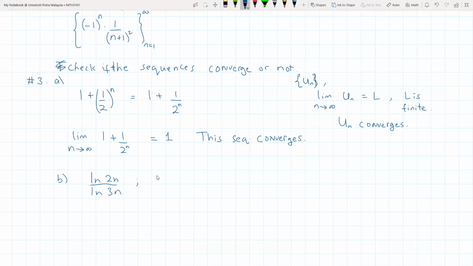So if you take the limit as n goes to positive infinity, you plug in and it will be an indeterminate fraction, something like infinity over infinity. So in this case, you use L'Hopital's rule.